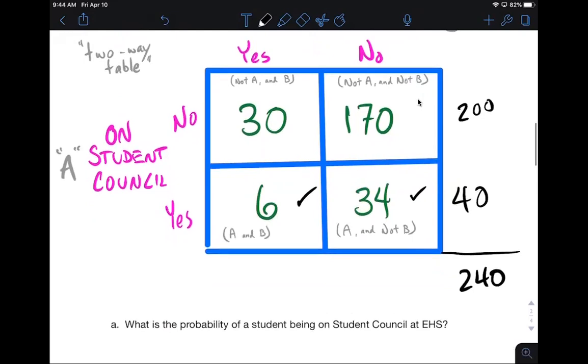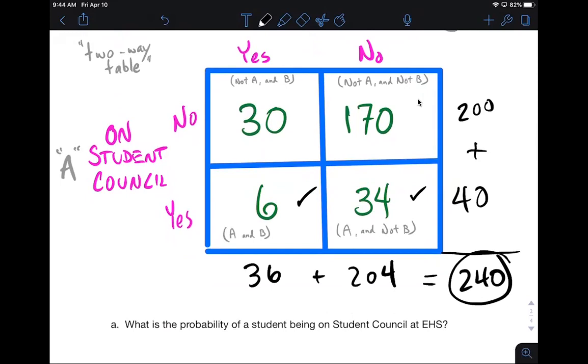So there are 36 people who say that they do eat at the cafeteria, and 170 plus 34 is 204 students who say they do not eat at the cafeteria. And if you add those two numbers together, you also get 240. So that checks out, all right? 200 plus 40 and 36 plus 204, you get the same total. So we know that there are 240 students at this school.